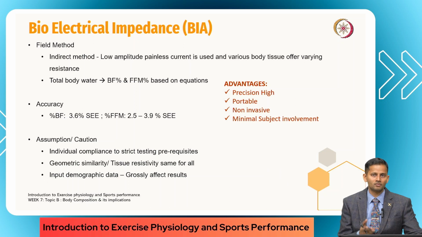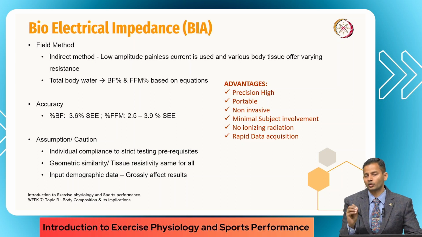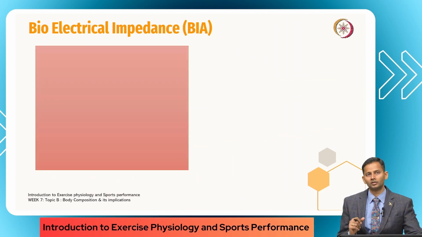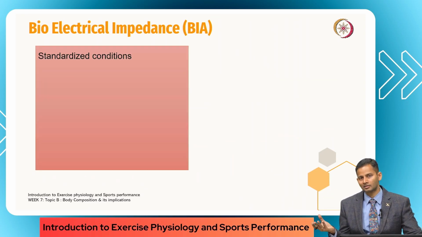It is non-invasive, user friendly, with very minimal subject involvement during the recording. There is no ionizing radiation used during the process. The data acquisition is quick, and immediately a sophisticated, good looking report can be generated.